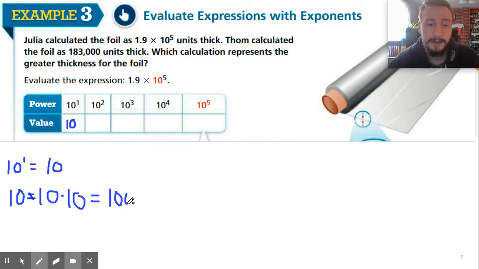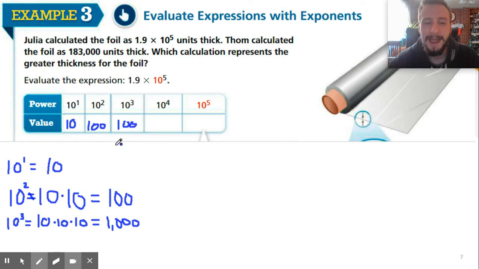Okay. So far so good. We're getting there. 10 to the 3rd power in expanded form is 10 times 10 times 10, which is 10 times 10, we said, is 100. 100 times 10 is 1,000.